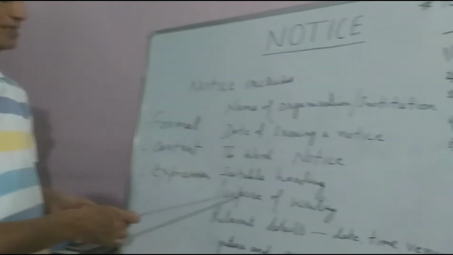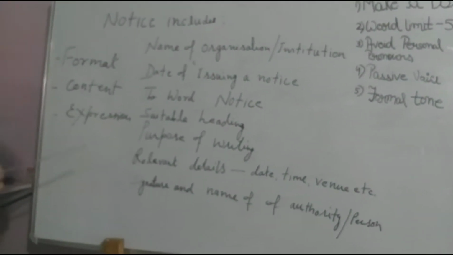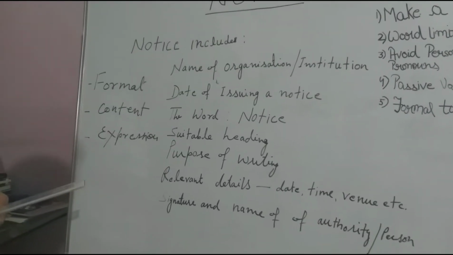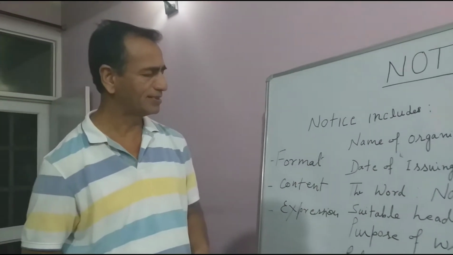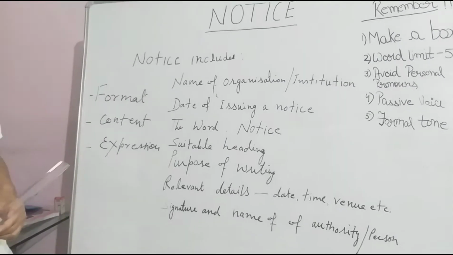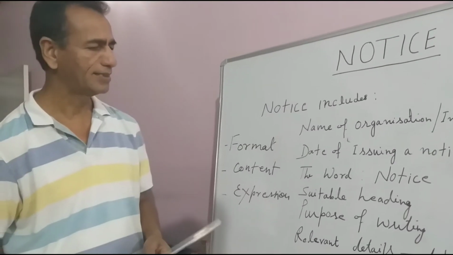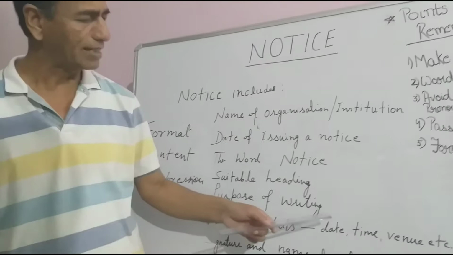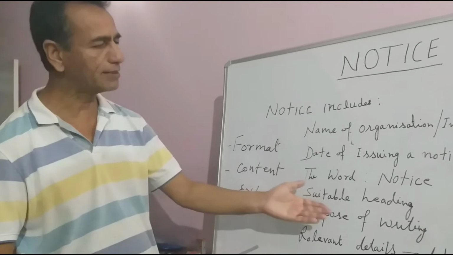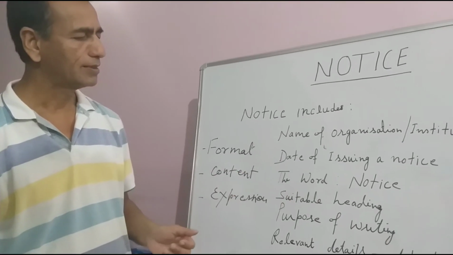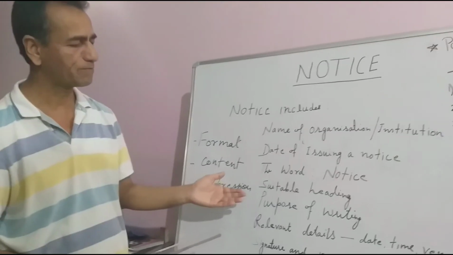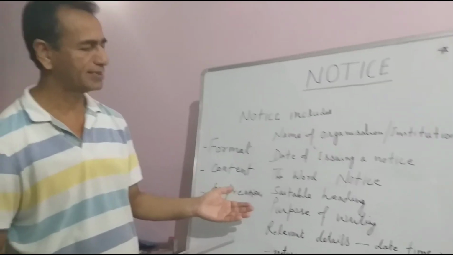Then there should be a suitable heading of the notice which will indicate towards the subject of the notice. Then next important thing is why you are writing the notice, the purpose of writing a notice. Then the next step is relevant details, like the details of date, time, venue, etc. Because if you give them precisely, the people who will read your notice will precisely know what is the purpose, where this event is going to take place, at what time it is going to take place, and on which date.